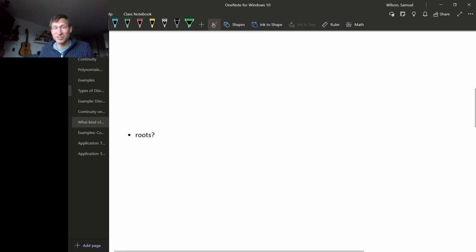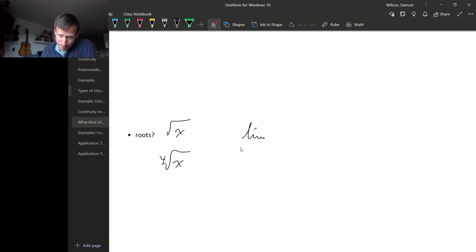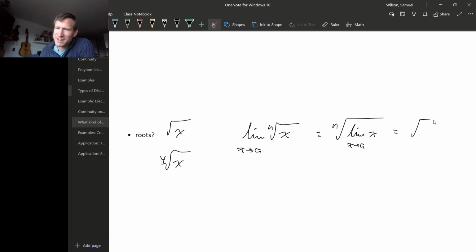What about root functions? So here I'm talking about functions like square root of x or fourth root of x. Well, for these functions, if we take a limit as x goes to a of some nth root, one of our rules about limits says that as long as everything here is defined, you can move this limit inside the root, but then now this limit is straightforward to evaluate.